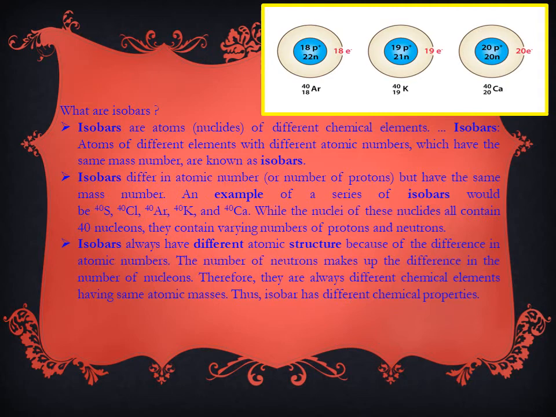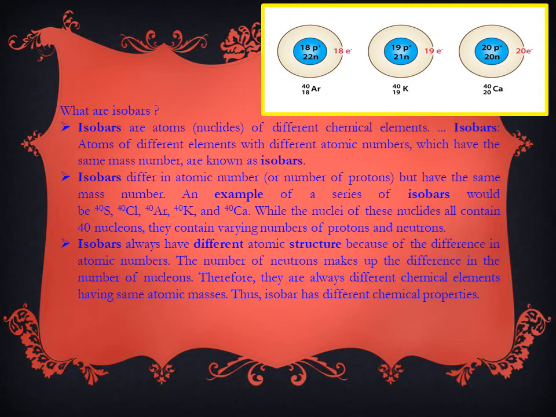Isobars always have different atomic structure because of the difference in atomic numbers. The number of neutrons makes up the difference in the number of nucleons. Therefore, they are always different chemical elements having the same atomic masses.